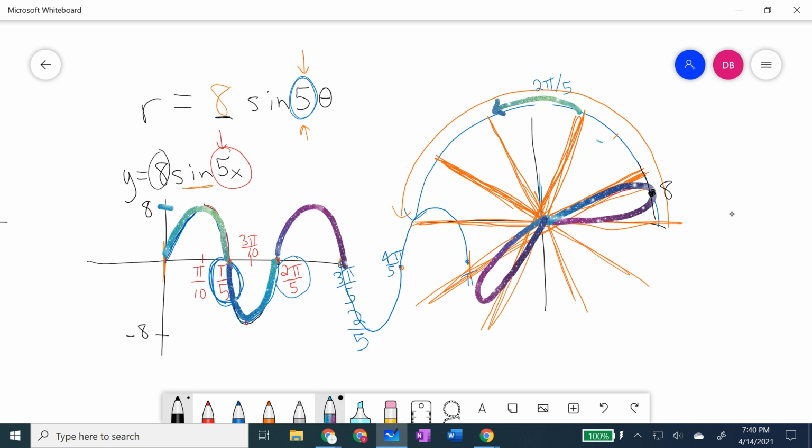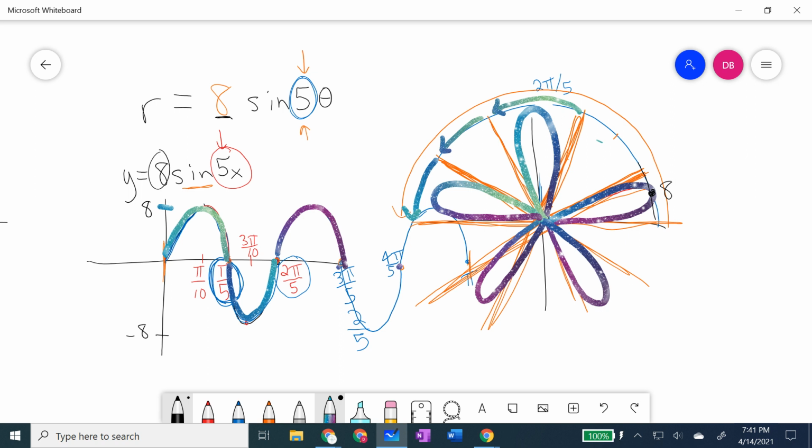I have a positive radius, and I get this loop. Then I have a negative radius when I'm about to turn through 3 pi over 5 to 4 pi over 5, so I actually graph it over here. And then I finally hit this with a positive radius.